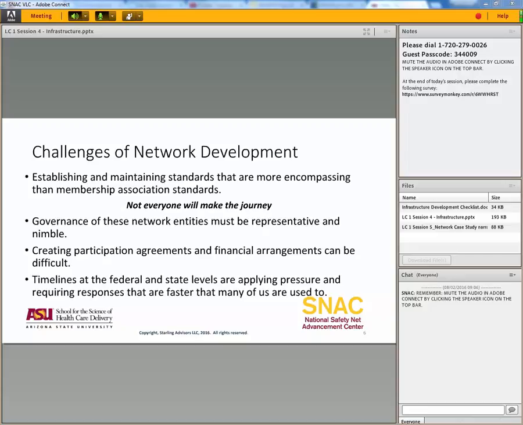So if you're, likely everyone on this call is either in some type of statewide association, whether that's a hospital association or primary care association, or maybe even in a regional association, you know that there are certainly participation standards to being in those organizations, but those organizations are historically not directly involved in helping you manage your payment methodology at the contractual level. And there's a variety of reasons why they don't do that, but one of them is because they're not really a clinically or financially integrating body.